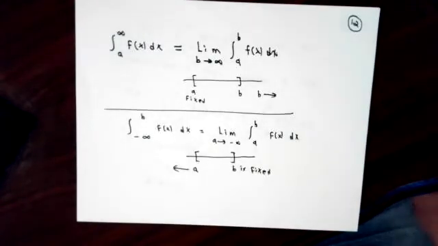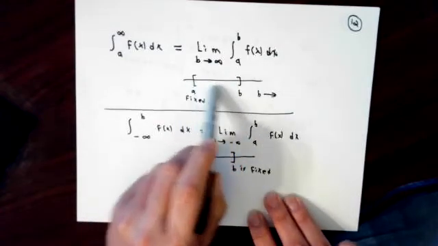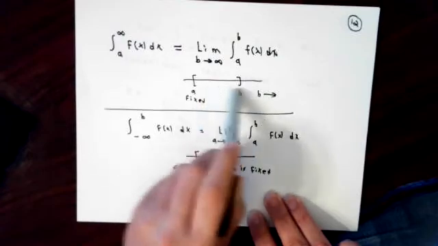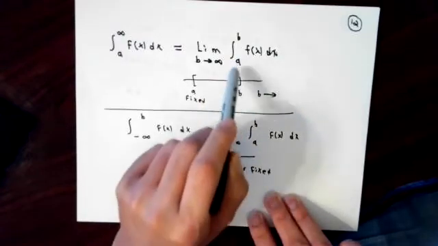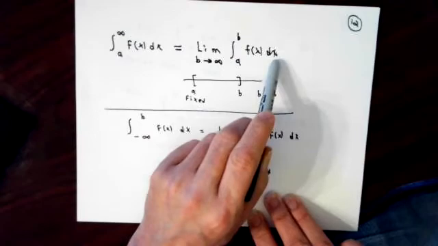So for the first type, the integral from some number a to infinity of f of x dx, what we'll do is integrate from a up to some number b instead, some nice finite number b. We'll calculate the integral from a to b of f of x dx.